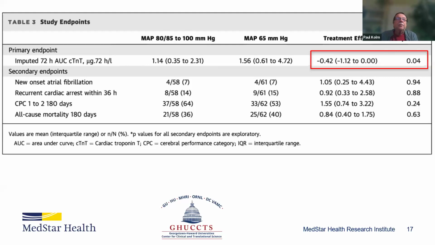But here for our endpoints, if you want to do a hypothesis test for each one of these, then we have 5 different tests of hypotheses. And so we're doing multiple testing here.